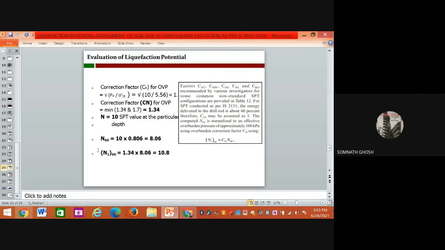This will be required for further calculation. So it is 10.8. Now sometime this value is much more than this. So if you just take N equal to 10 and solve the problem, then you are wrong, right? So be careful. This correction of N value is very, very important. Many people are not at all caring.